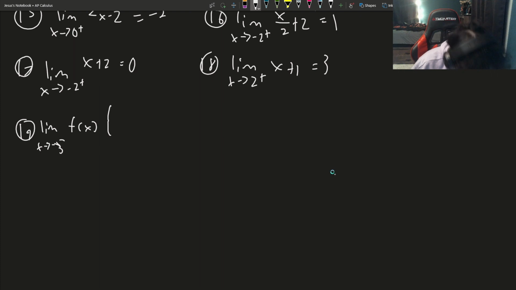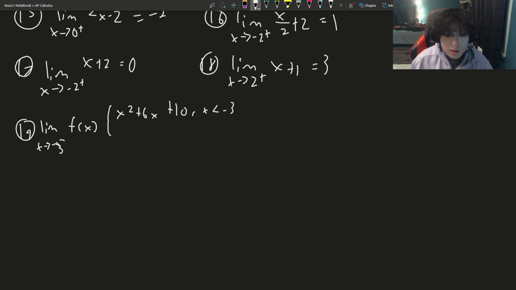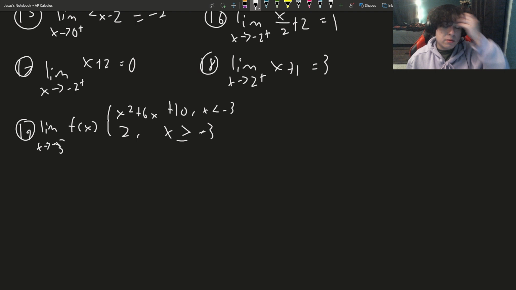Number 19, x squared plus 6x plus 9, sorry, plus 10 if x is less than -3, and 2x if x is greater than or equal to -3. You know what, next time I'm probably just going to write down all the problems so I can just do them instead of having to write them out in front of you.